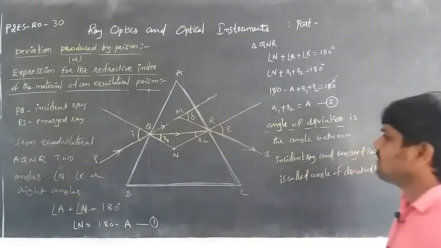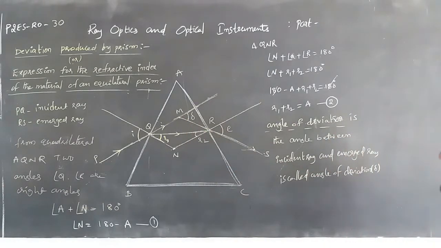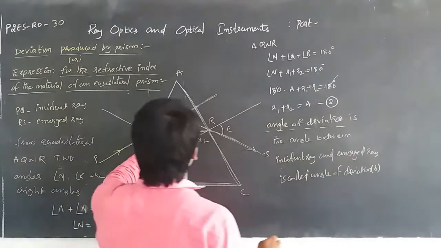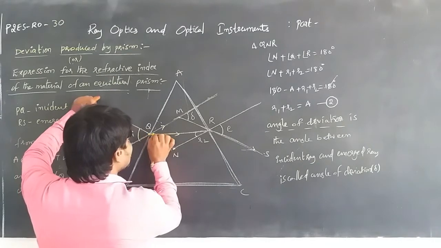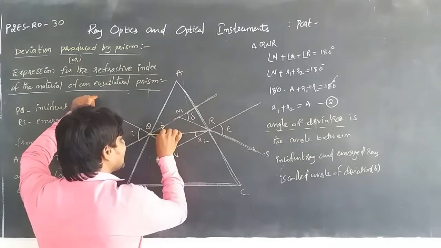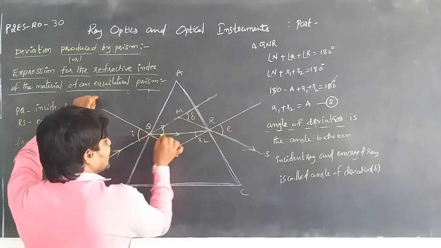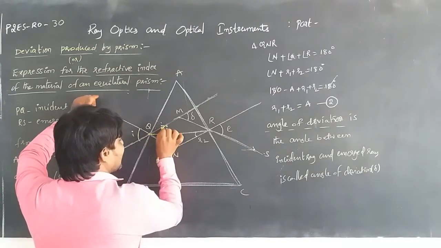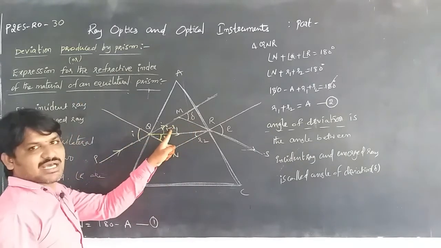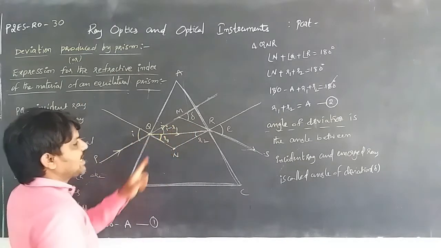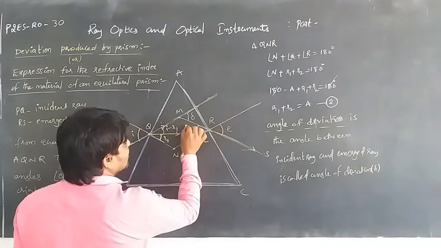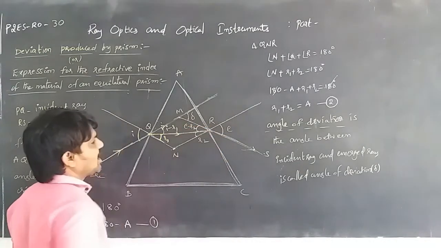From that deviation, the angle of minimum deviation is possible. The light has moved to this side, so this angle will be I minus R1, and the other angle is E minus R2.